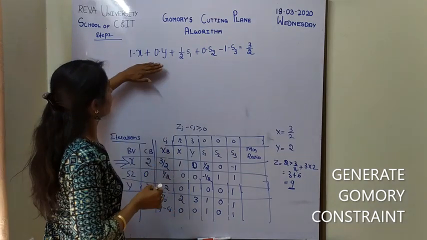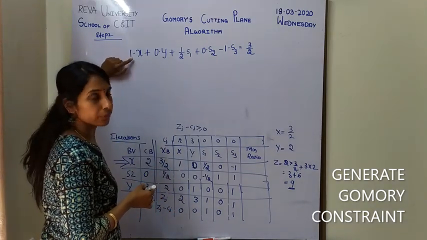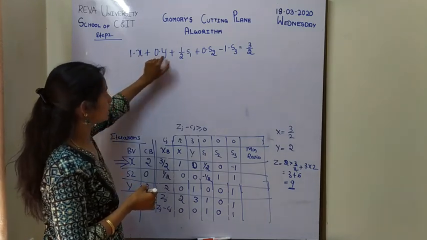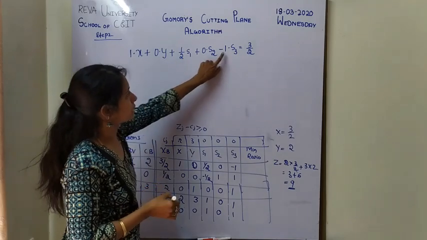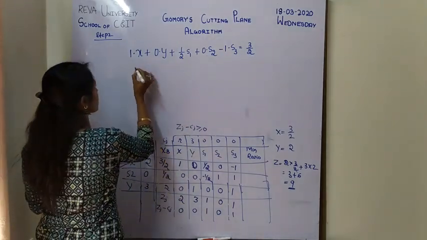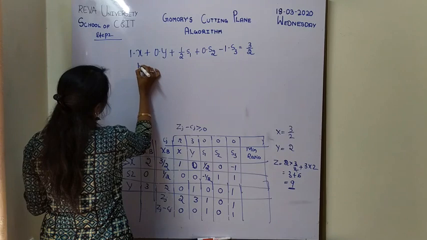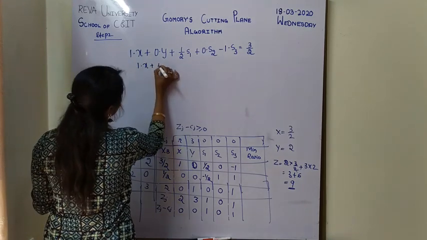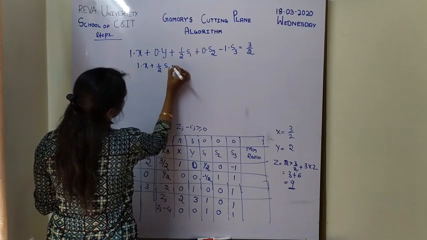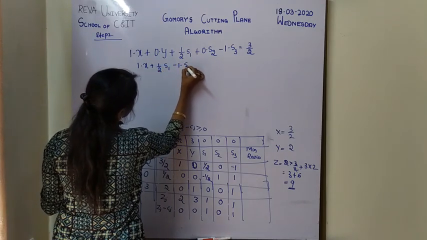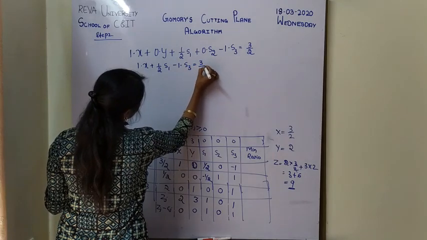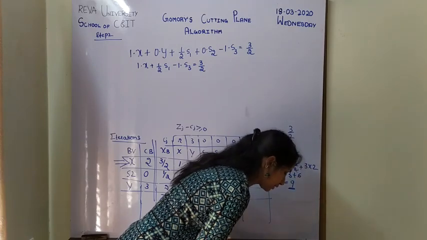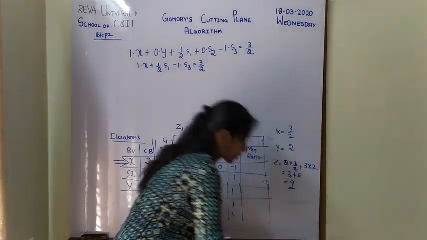So again this values I have to represent in integer and fraction. So first I will simplify this. 1 into x, since it is 0 into y, I will not consider this. Half into s1 minus 1 into s3 equal to 3 by 2. Now I have to represent this as integers and fractions.